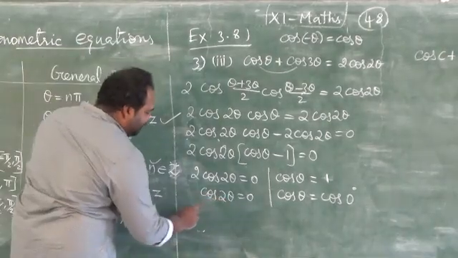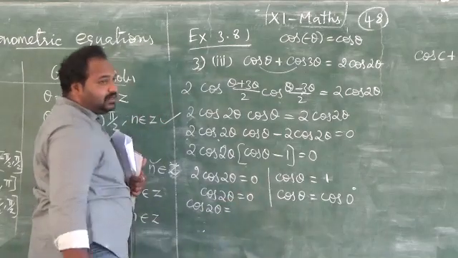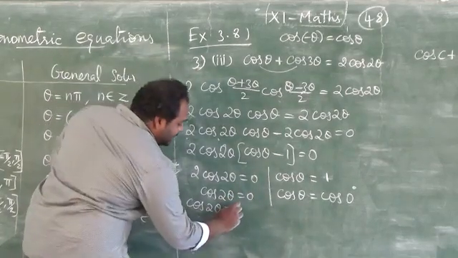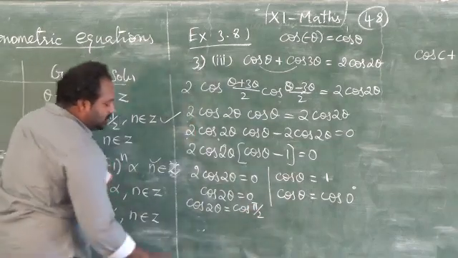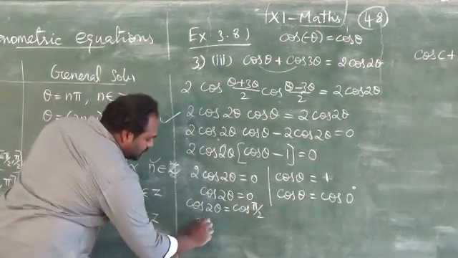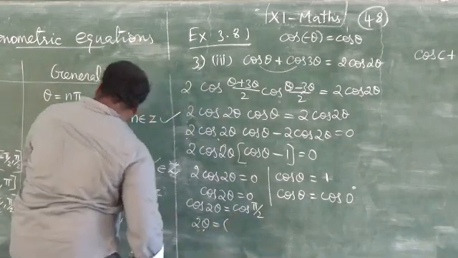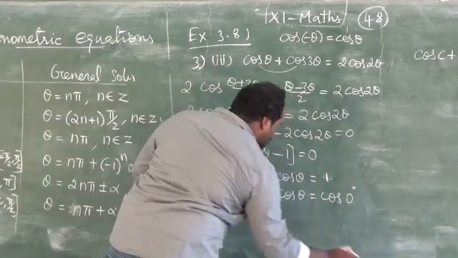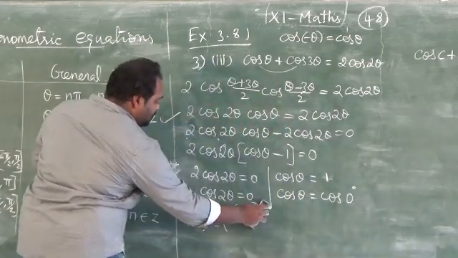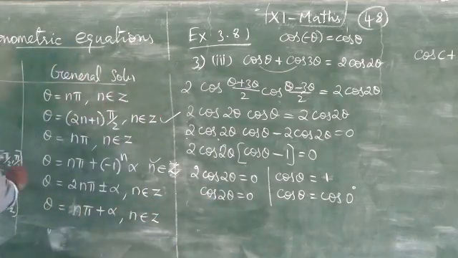Here what is alpha? Cos 2 theta equal to 0, when cos theta is equal to 0, in 90 degree, that is cos pi by 2. So 2 theta equal to... here don't use this one. Cos theta equal to 0, this formula we must use here.